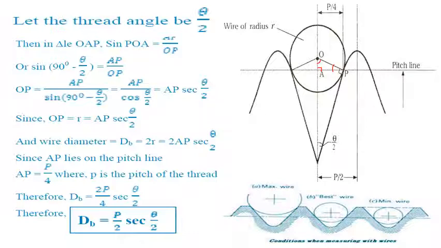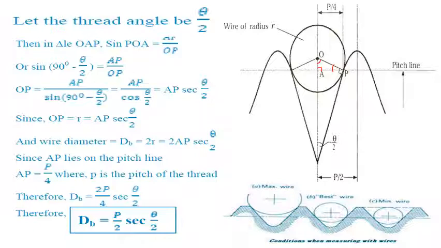Okay. So in the triangle, sine of POA, which is sine of 90 minus theta by 2, will be equal to opposite AP over hypotenuse OP, so AP by OP. This can be rewritten as OP equal to AP divided by sine of 90 minus theta by 2.